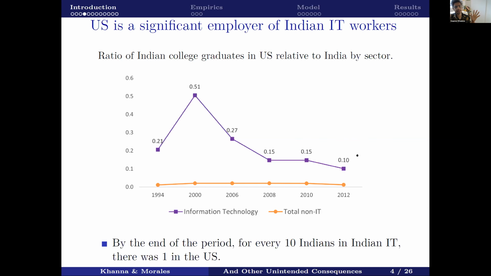So a little less than 1/10 of all Indian-born computer scientists were working in the US, a substantial fraction.